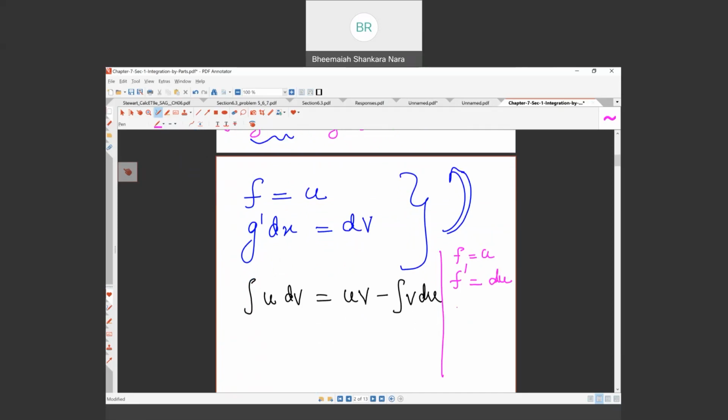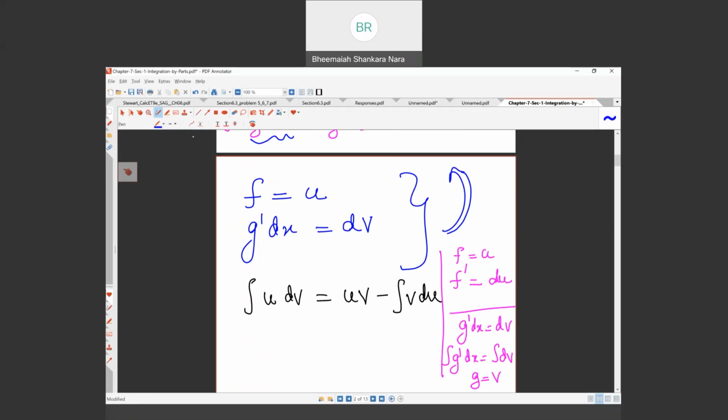Similarly, if I have g prime dx is dv, this is our assumption. So if I integrate this, I have the integral of g prime dx and I have the integral of dv. I can write this as g equal to v. So we have used these two substitutions also. So hence we have this expression in terms of u and dv.